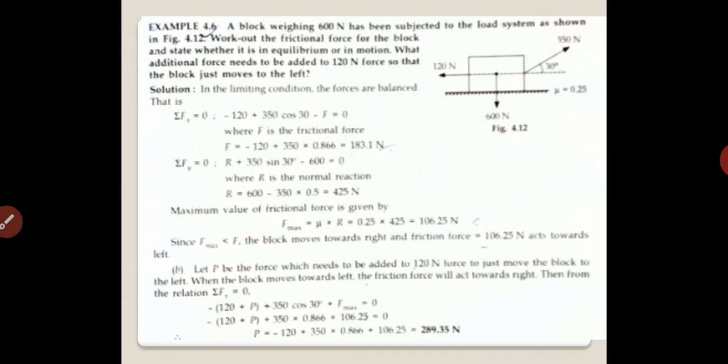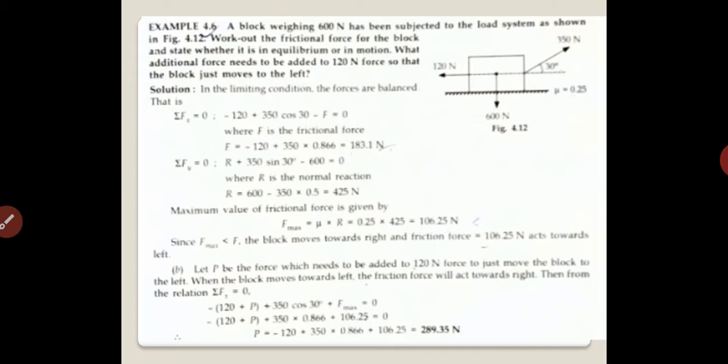Work out the coefficient and the frictional force for the block and state whether it will be in equilibrium or in motion. What additional force needs to be added to this 120 Newton acting towards left so that the block just moves to the left? This is a typical problem, very nice problem.